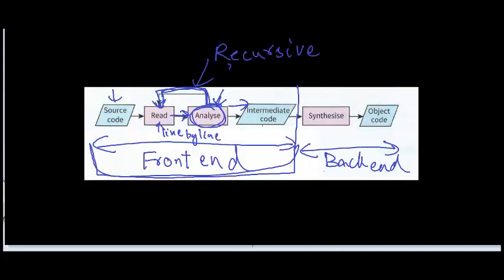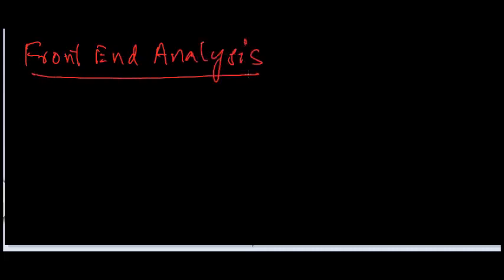Okay, so now we're going to take a look in detail at the front end analysis that the compiler performs, right? This front end stage of the compiler is what we're going to analyze in more detail. When the compiler is analyzing the code during the front end analysis stage, there are 4 stages.